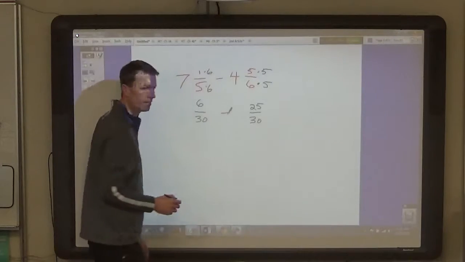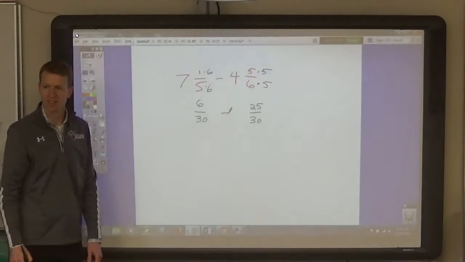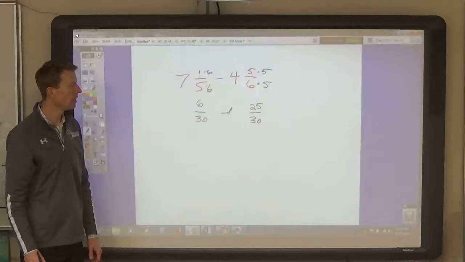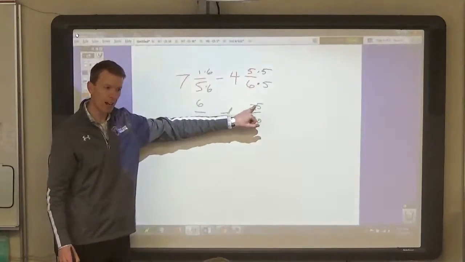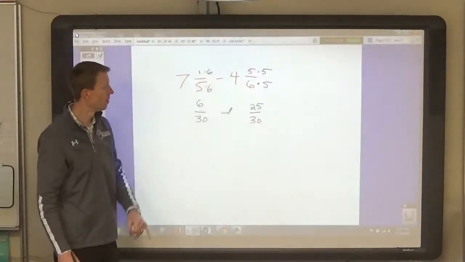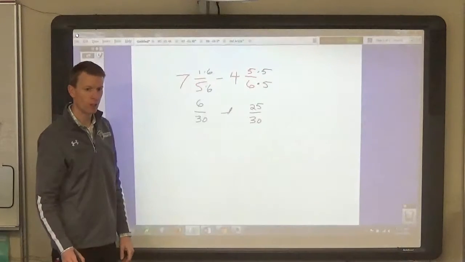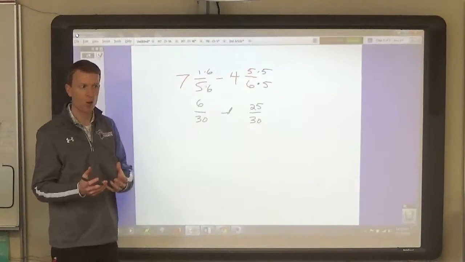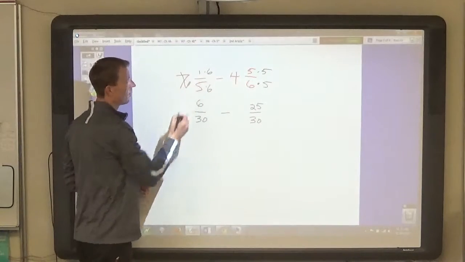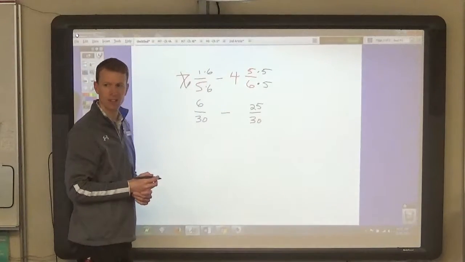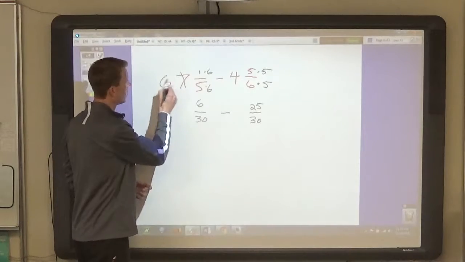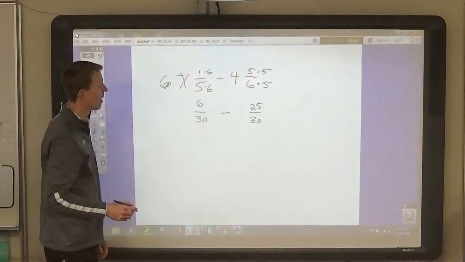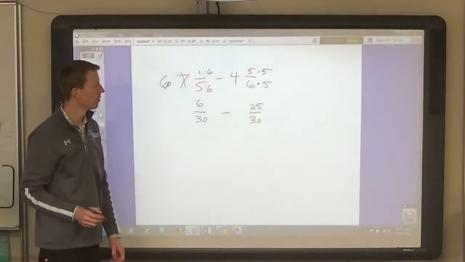Now, do we have enough pieces? No. Nope, we don't have enough pieces this time. We need to take away 25 pieces, and we only have 6. So we have to cut up a whole. So instead of 7, we're going to have 6. And what fraction are we going to use?